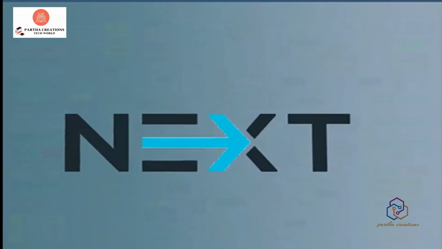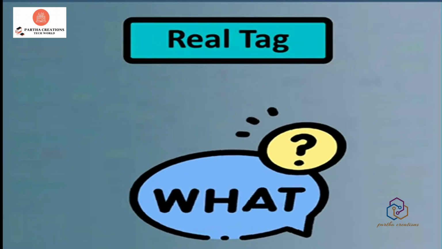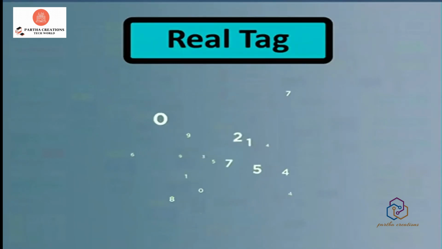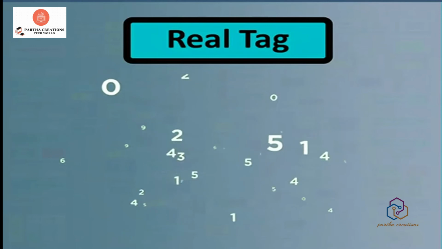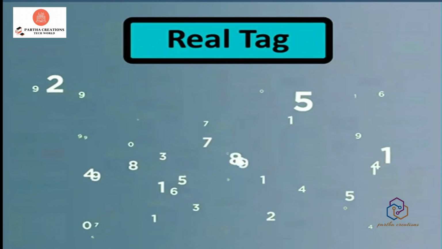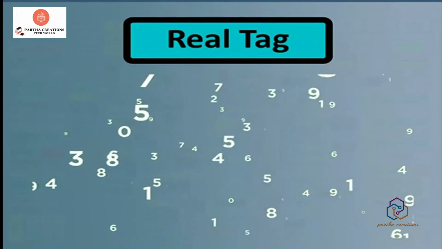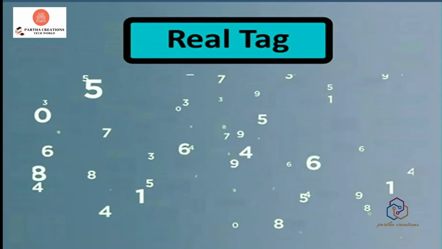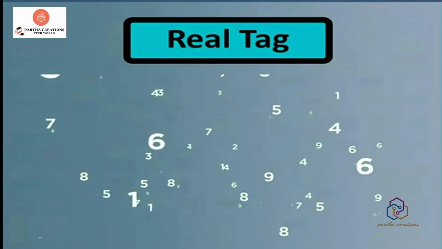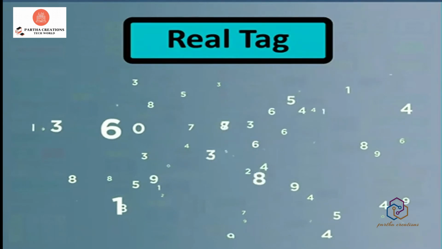Now, the next tag is real. So what is real? If we talk about real numbers, then what are real numbers? They are the complete number, a number that has decimal or point, fraction values or addition or subtraction values. They are called real numbers. So if we want to take or show any value that has a point or fraction, then we will have to take real tag.